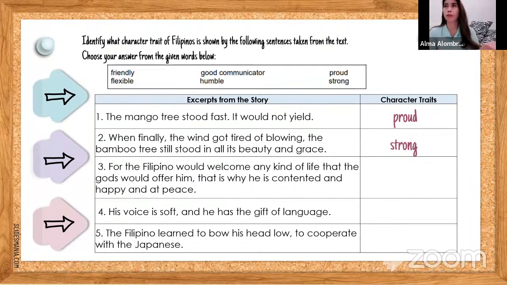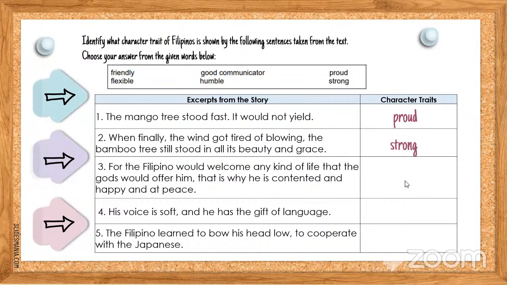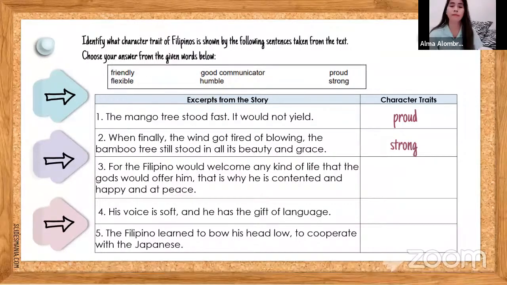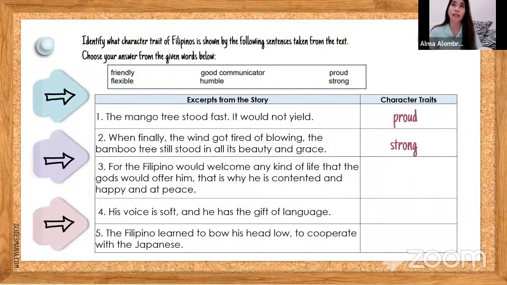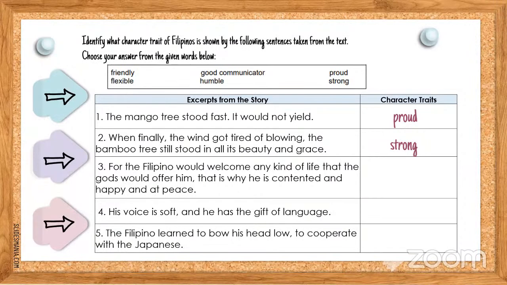Whatever trials, come what may. Yes, Carla. Humble. You could be humble, but there's a perfect answer for that. Try to analyze what's going on in this sentence. Good communicator. Like I said, when you say communicate, it talks about your ability to speak well. Friendly.